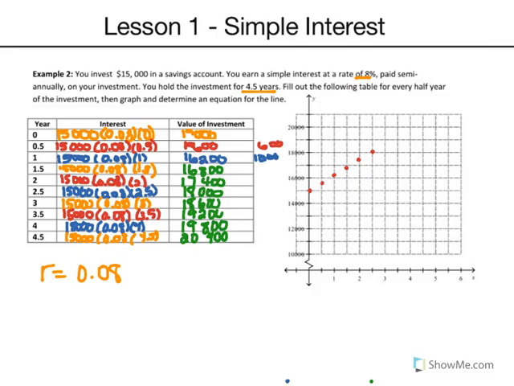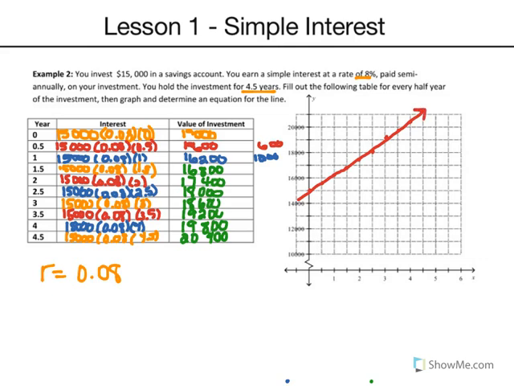At 3 it's 18,600. At 3.5 it's 19,200. At 4 it's 19,800. And at 4.5 it should be at 20,400. As you can see, it makes a line.